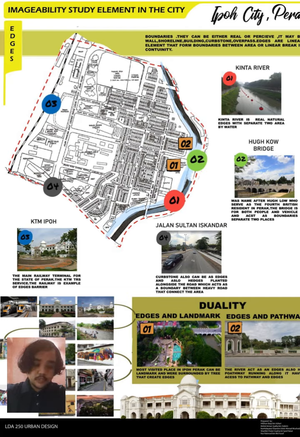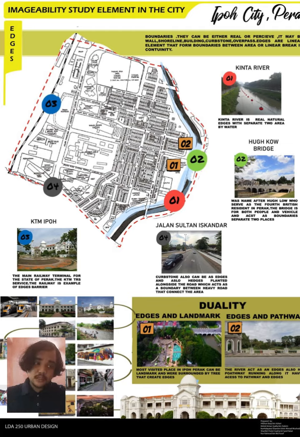What I found in the city about edges is Kinta River. Kinta River is a natural edge because there's water. The water creates a boundary between two areas. So definitely an edge. Next is KTM Ipoh Perak, which I found.